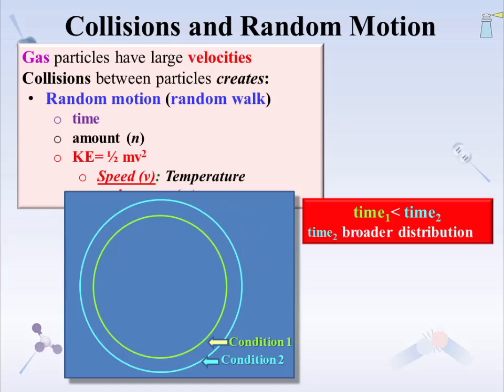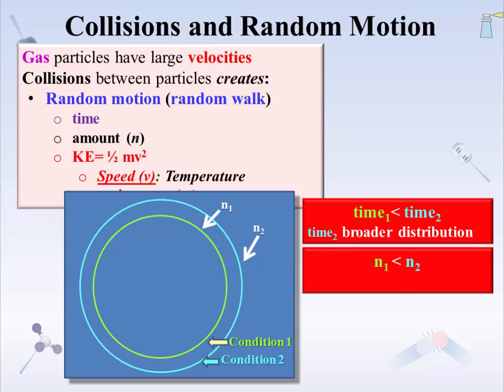Now say that the two conditions are over the same period of time, but differ in the amount of particles. We will use the variable n for moles to represent amount, and the subscript 1 and 2 to denote condition. Condition 1 has less particles than condition 2. Condition 2 will have a broader distribution.